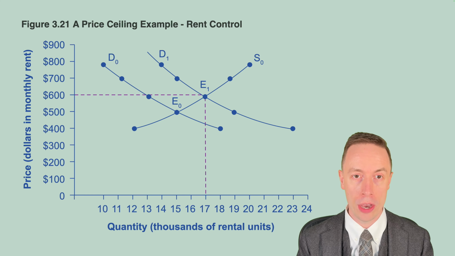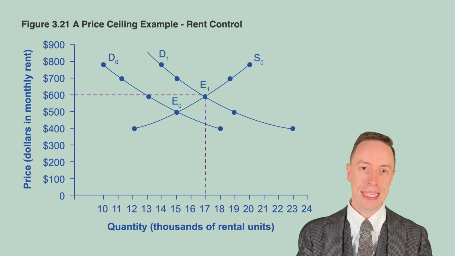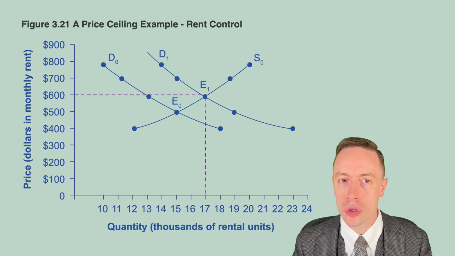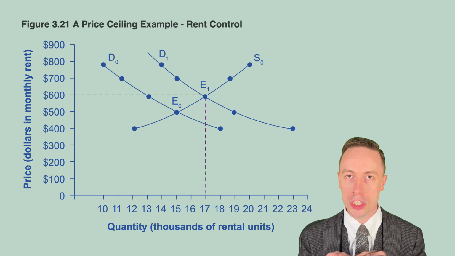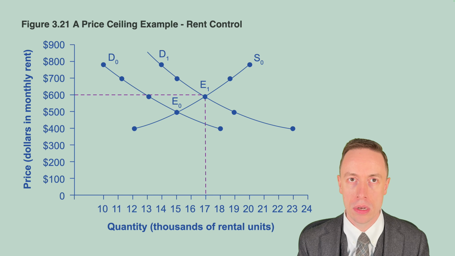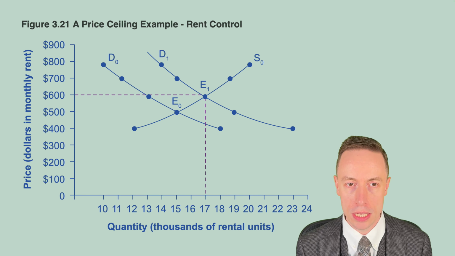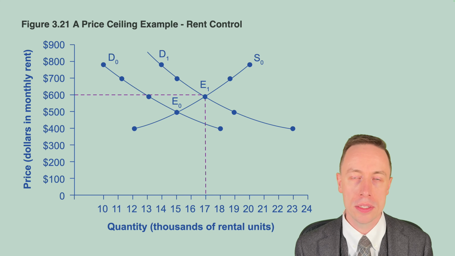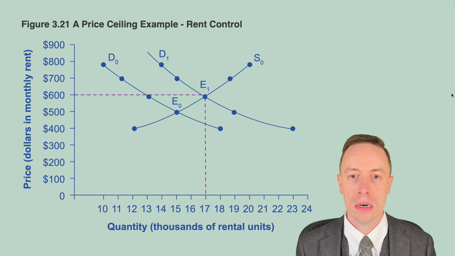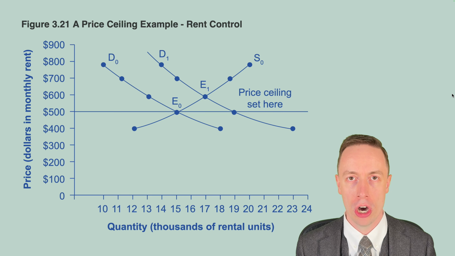So this change is coming, and our existing 15,000 renters are not happy at all. They don't want their rent to go up. And they successfully managed to convince our city to put a limit on rent prices, a price ceiling. They don't want that rent to go any higher than it was already at $500.